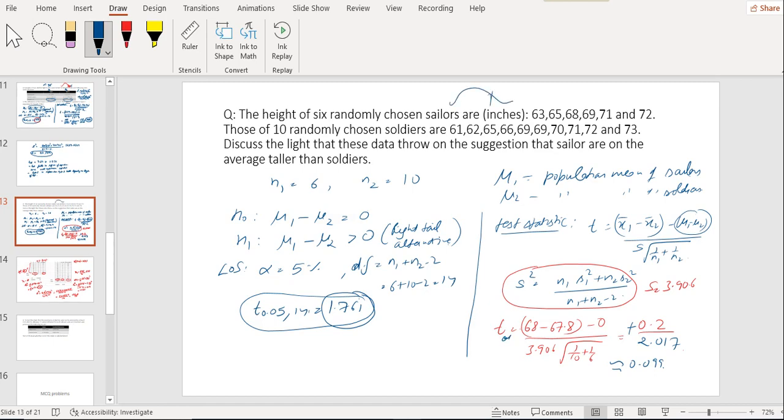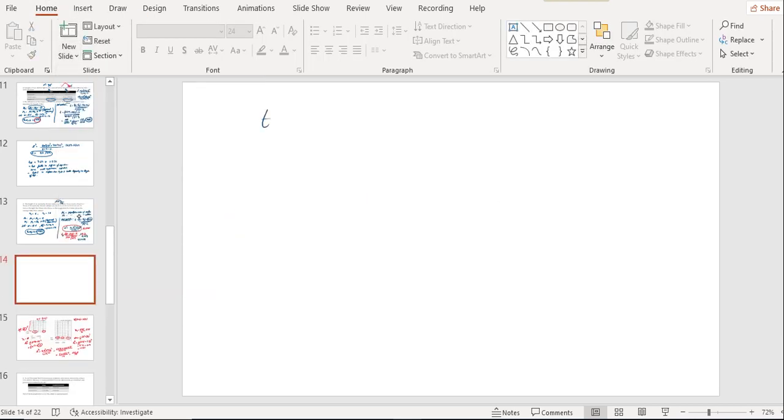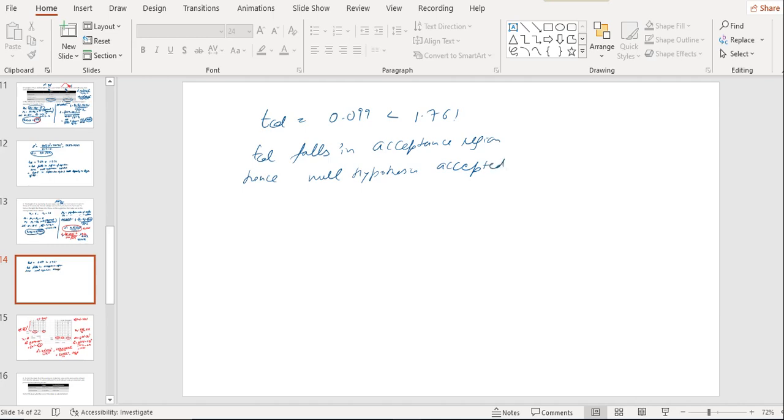If we apply the right tail, the critical value is 1.761 and the calculated value falls in the acceptance region, because T calculated is 0.099, which is less than 1.761. Hence the null hypothesis is accepted.